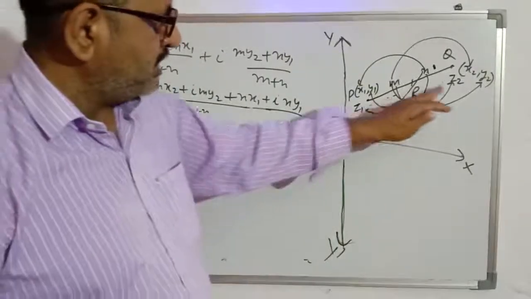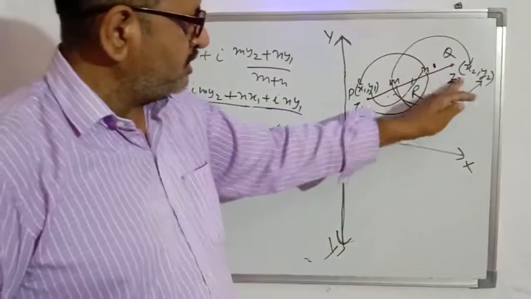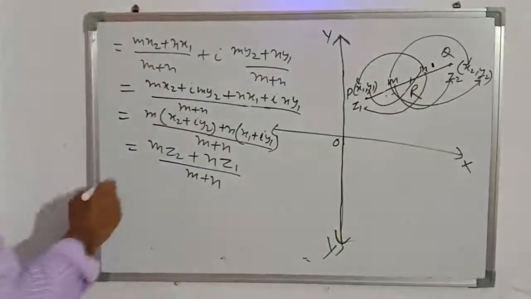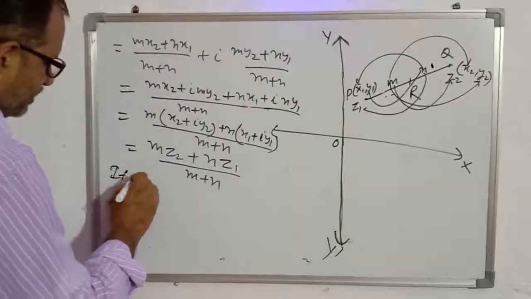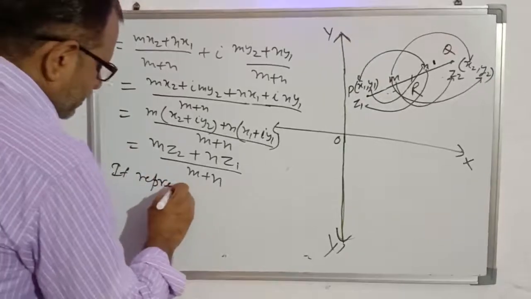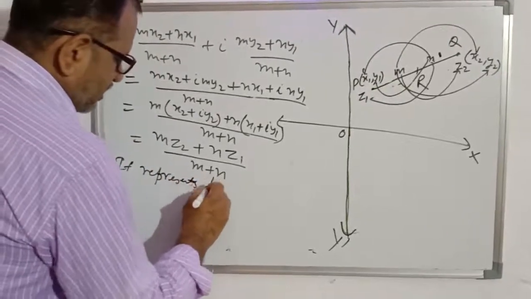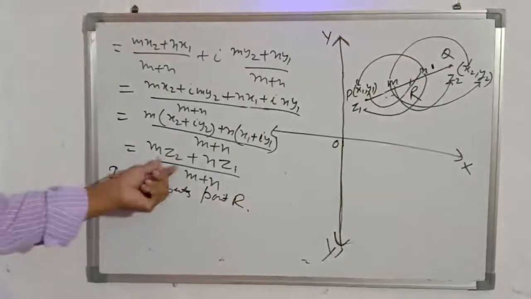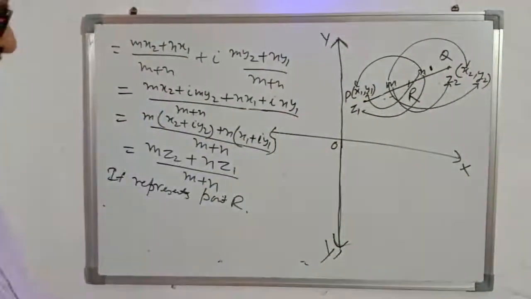Z1 is point P, Z2 is point Q, so m into Z2 plus n into Z1 upon m plus n represents point R.